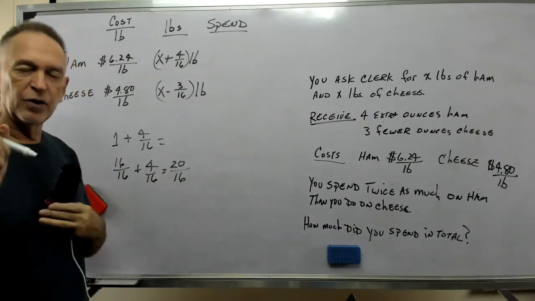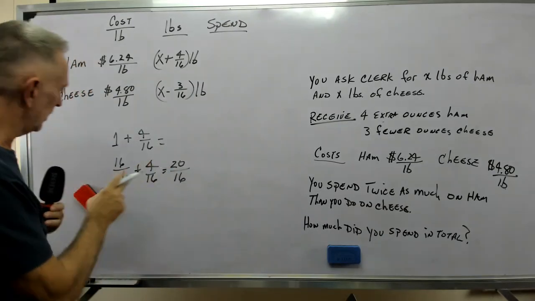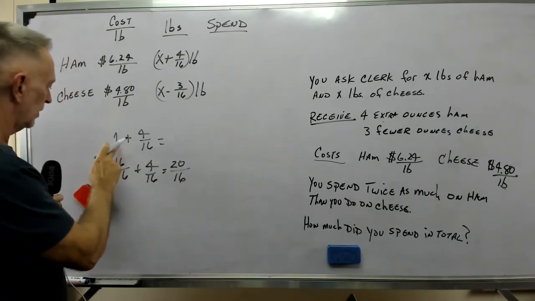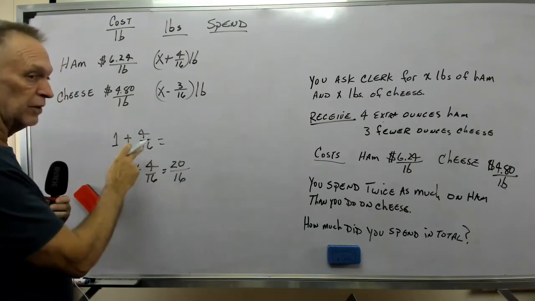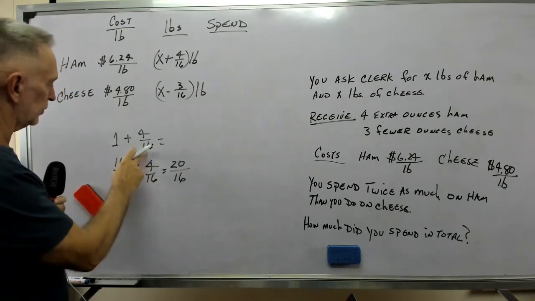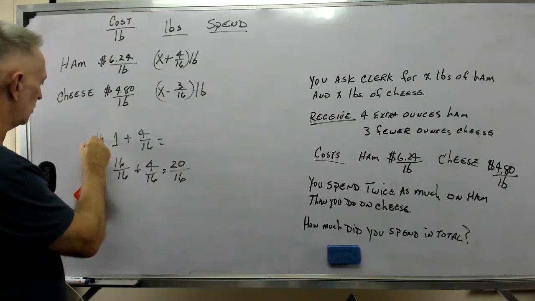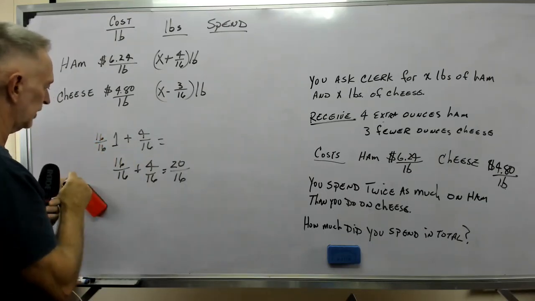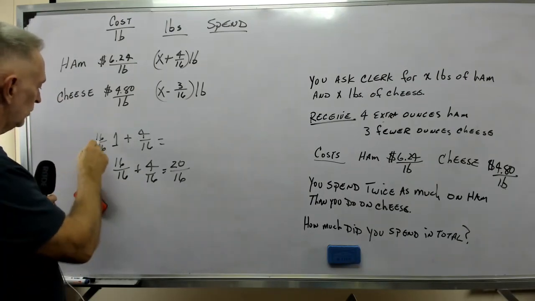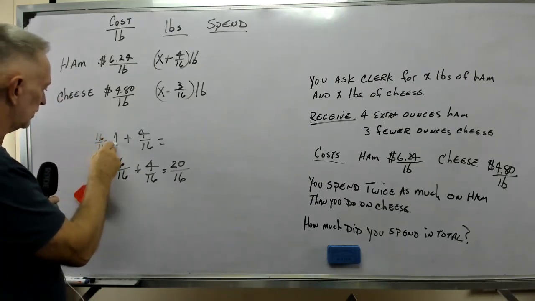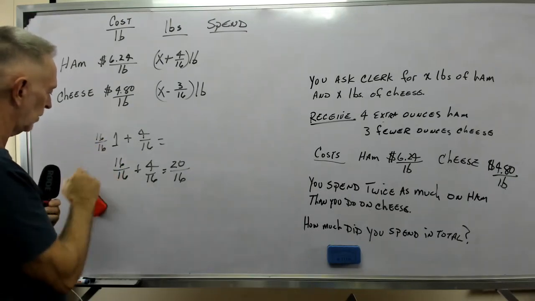Now hopefully you're pretty good at this, but some people aren't. But if I'm trying to get a common denominator, and I'm looking at getting this to be a 16, I'm going to multiply that by 16 over 16, which is 1. 16 over 16 times 1 is 16 over 16.